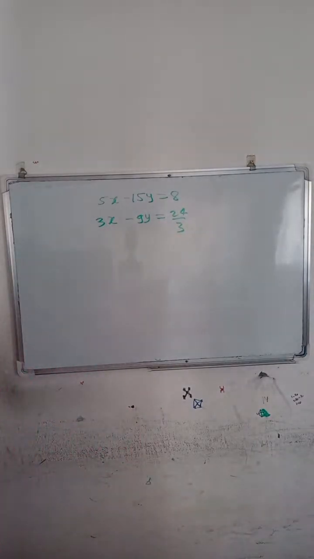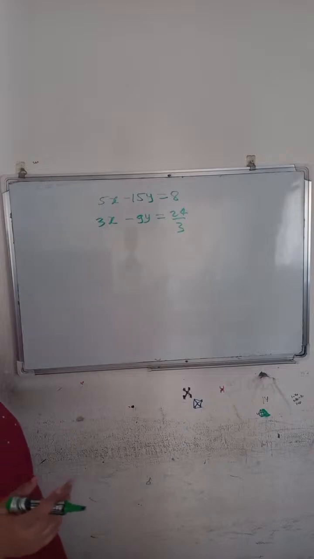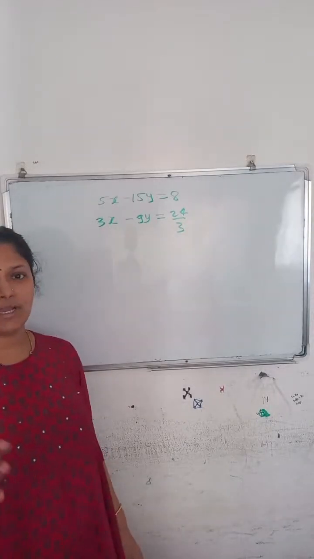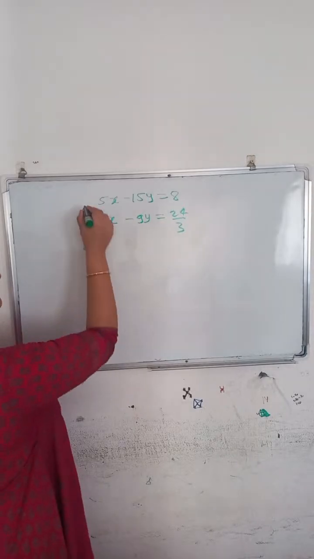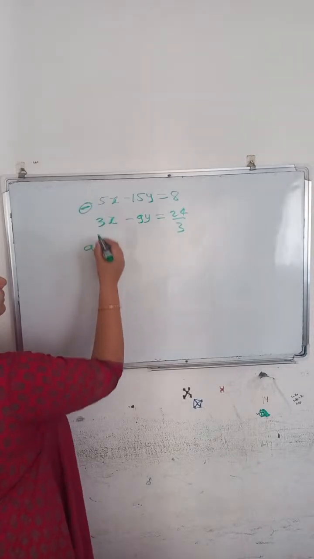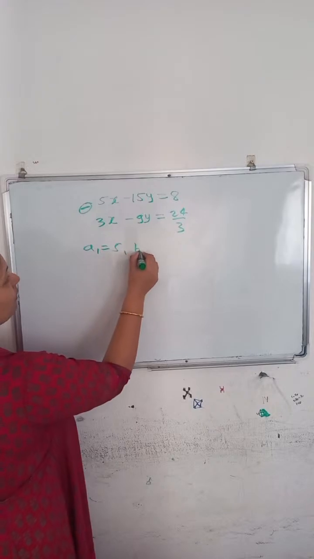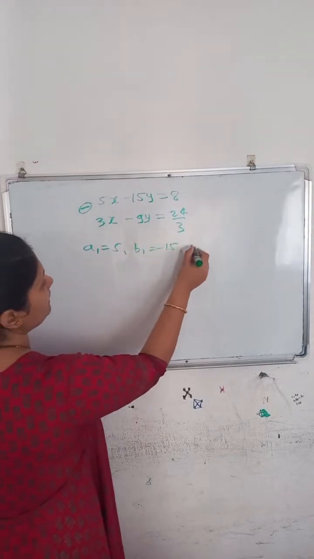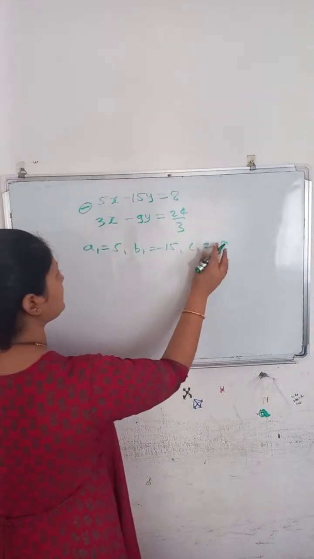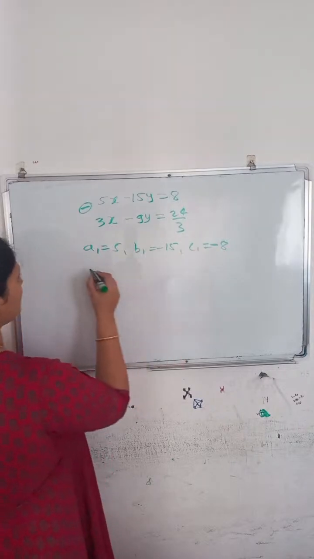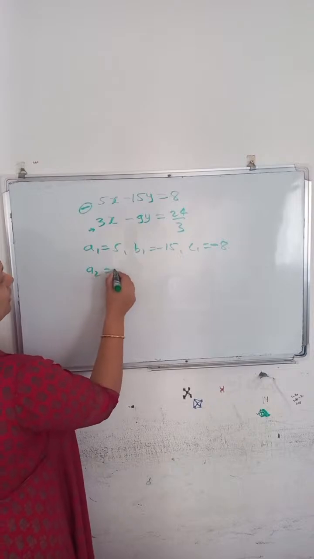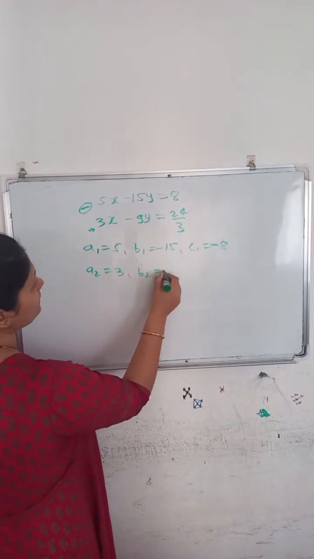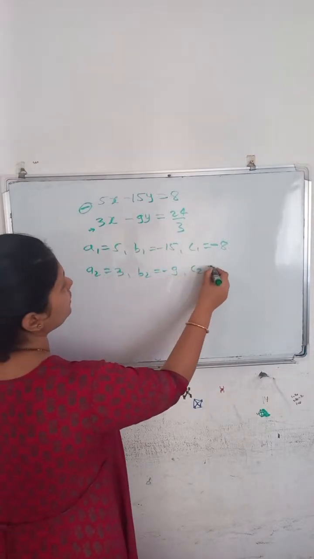Here you have to first find the coefficients of x, y and the constant terms. If you compare with the first equation, a1 is 5, b1 is minus 15 and c1 is minus 8. And if we consider the second equation, a2 is 3, b2 is minus 9 and c2 is what?